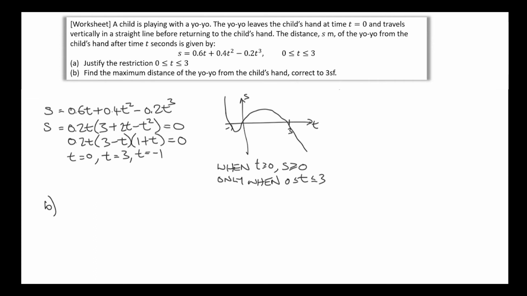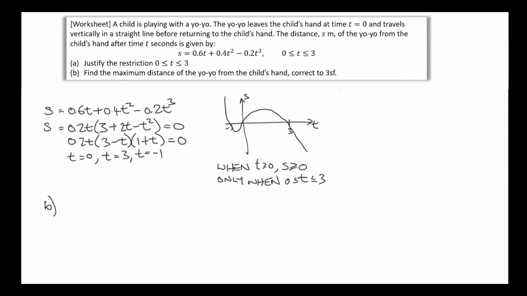The question then goes on to ask us to find the maximum distance the yo-yo is from the child's hand, correct to 3 significant figures. So we've seen that we can use differentiation to find the maximum displacement in this case. So we'll differentiate, and we'll use that to find the maximum distance from the student's hand that this yo-yo gets to.